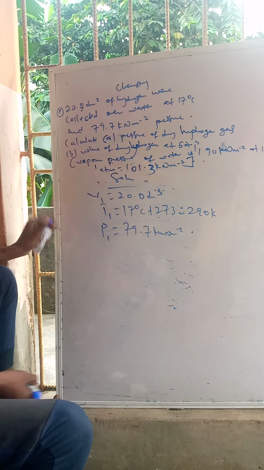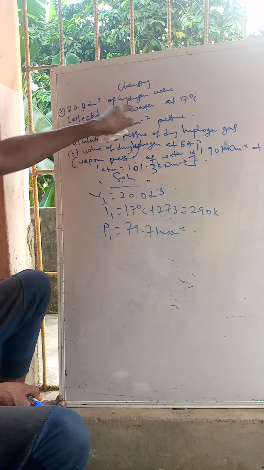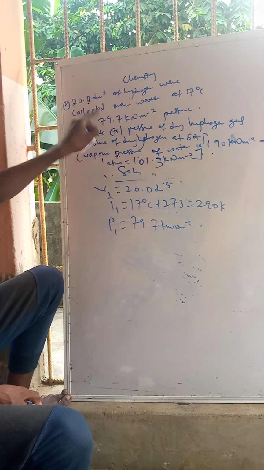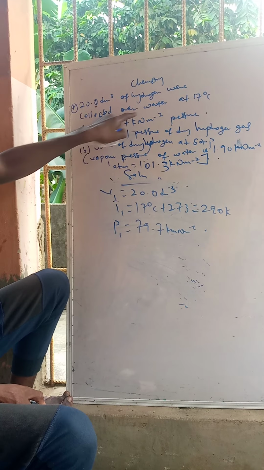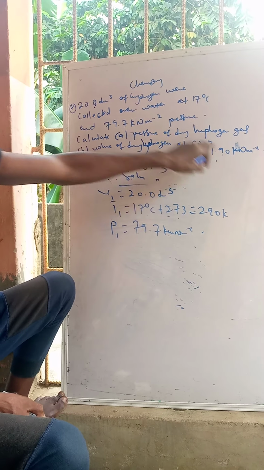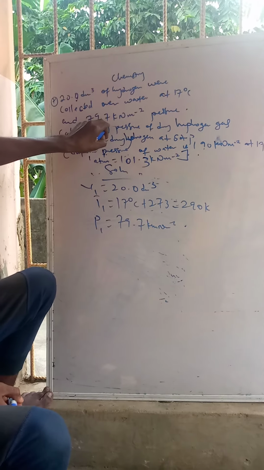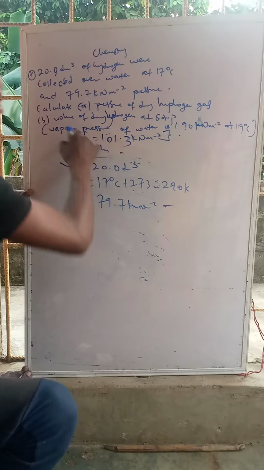But the question now is that we're given a vapor pressure, and since this gas is collected over water, the pressure of the gas will be wet. For us to get the pressure of the gas in a dry form, we have to remove the vapor pressure from the pressure of the gas which is collected over water. So that means we are going to remove this vapor pressure.